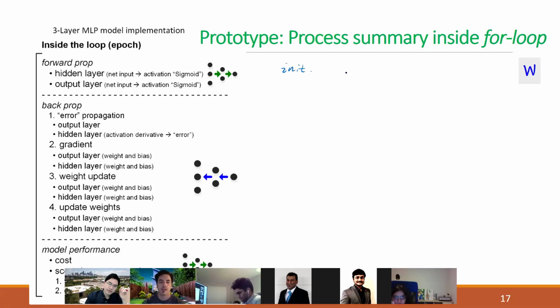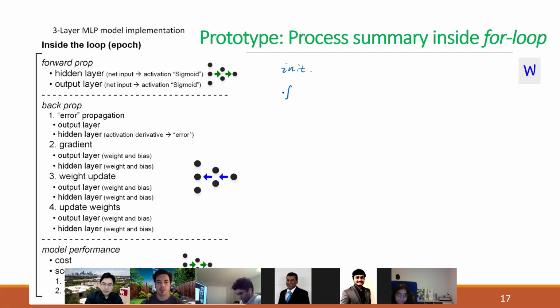This time we have to initialize everything because they are placeholders. When we do the first forward prop, we have to use all of those values. And now we get rid of the old weight; we directly replace it with the new weight. So every time, the weight is replaced.